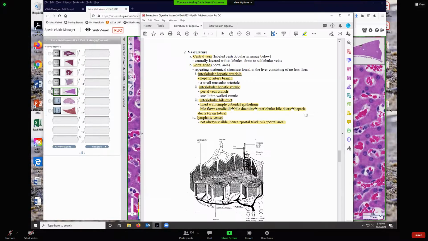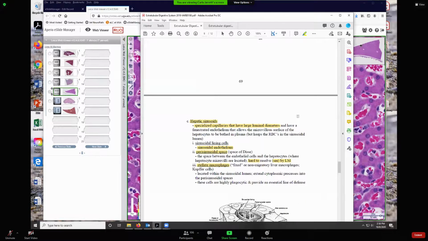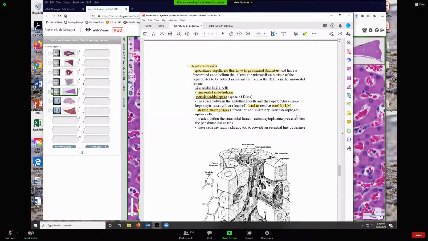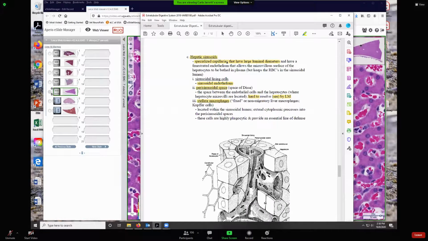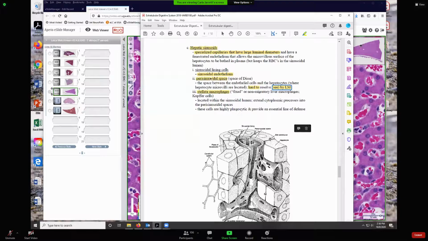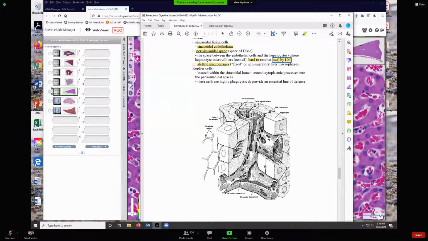Now, what do those hepatocytes do? Well, here we are in the sinusoids. And it says they're capillaries with large diameters. They're lined by an endothelium, the sinusoidal lining cells. There's a perisinusoidal space, or the space of Disse. We're not going to see that. We need an electron microscope to see that.